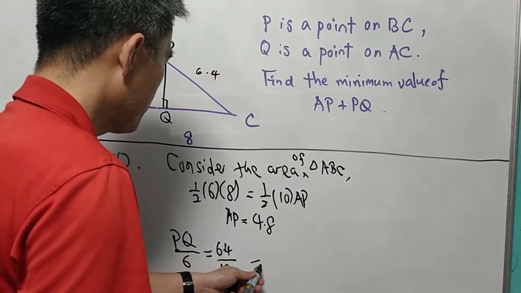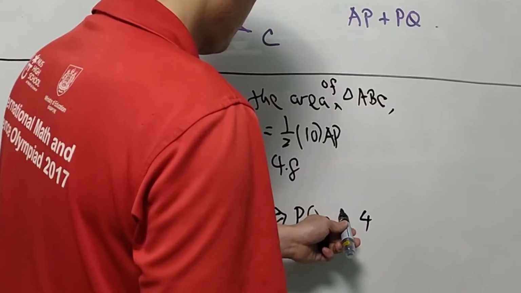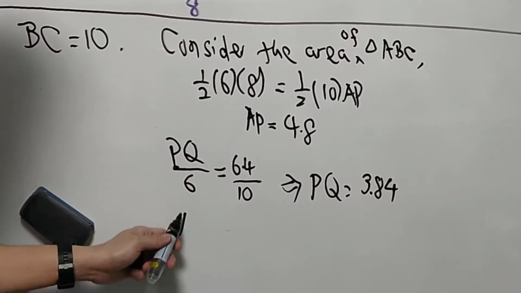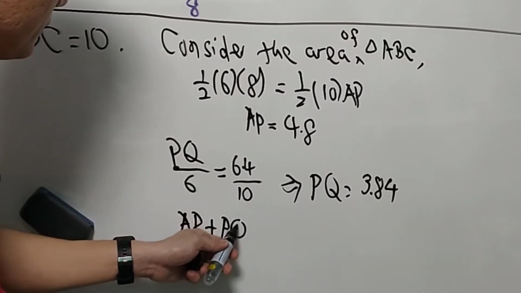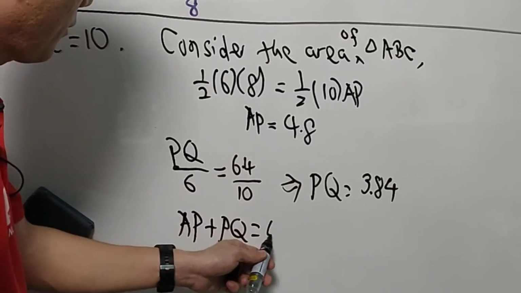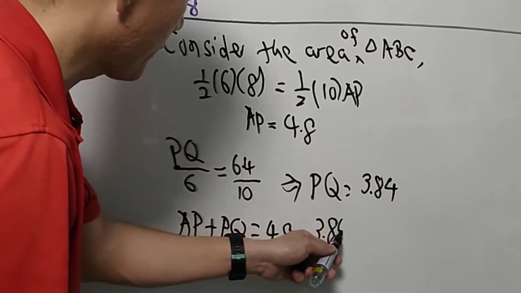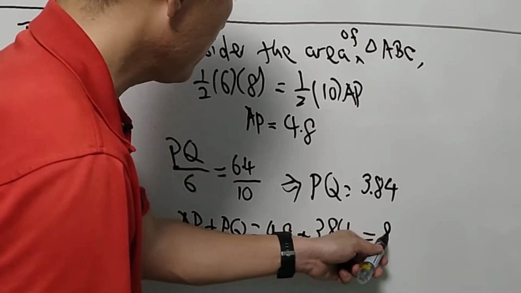And therefore, PQ is equal to 3.84. So in that case, AP plus PQ will equal 4.8 plus 3.84, and this is equal to 8.64.